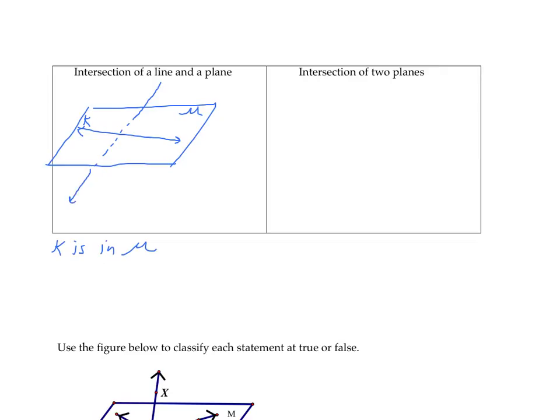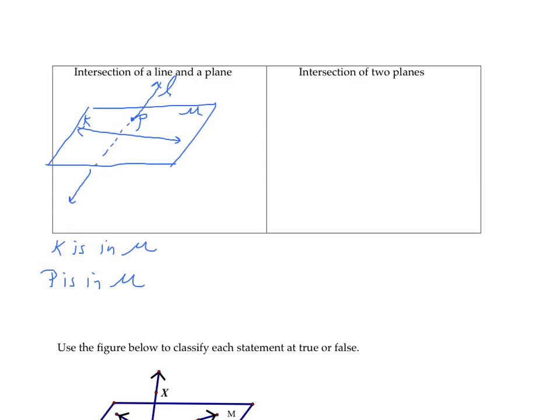So this is showing you a line, we'll call it L, that comes down and intersects or touches the plane at this point and then goes through the plane and comes out the other side. That point of intersection we'll call point P. So point P is in plane M, and we can say that P is the intersection of L and M.